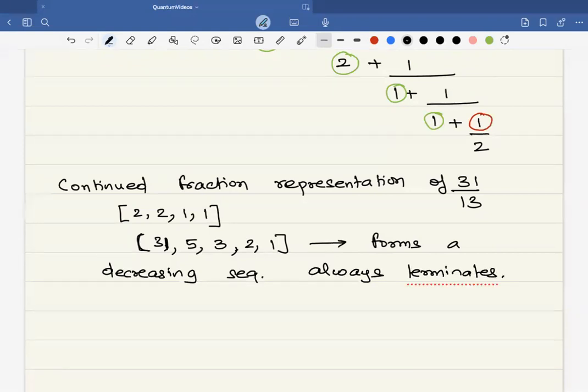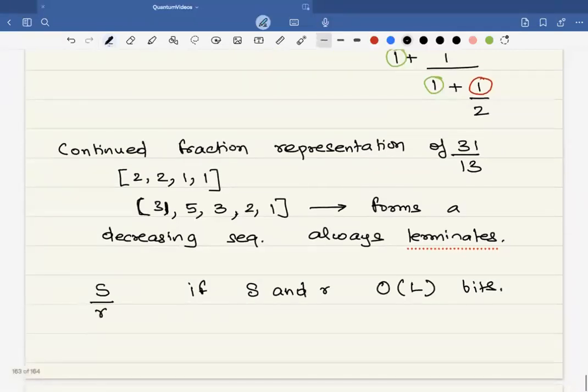And the speed at which it terminates, one can say that if, let's say, I want to represent the continued fraction of a fraction s over r, if s and r are order L, can be represented in order L bits, then this continued fraction algorithm terminates in order L steps, and each step requires order L square basic operations.